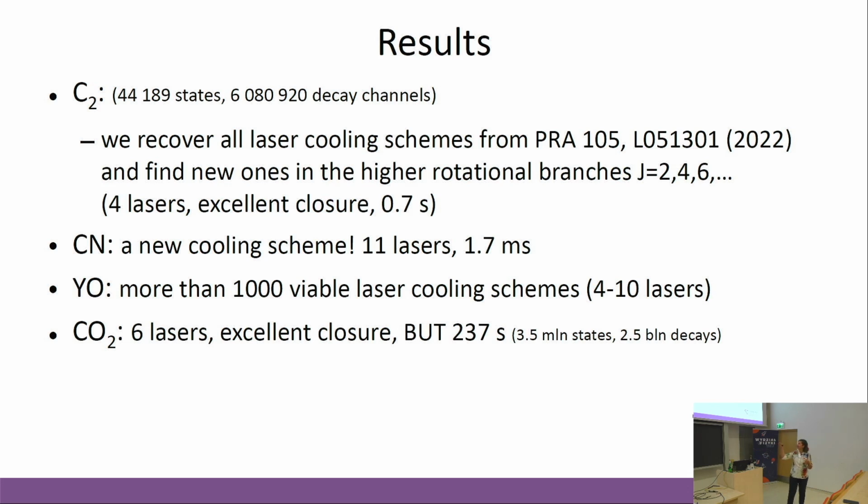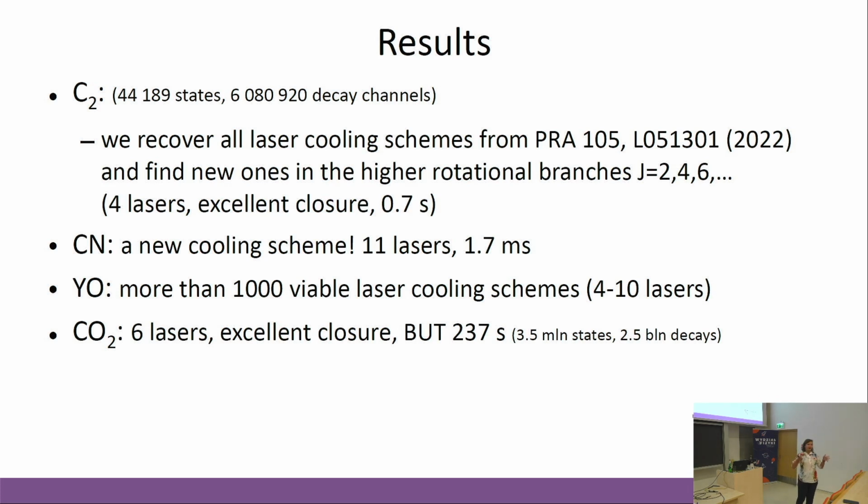In particular, it's interesting because they are in the higher rotational branches. So if you want to get an ultracold molecule at non-zero rotational angular momentum number, this would be a molecule you could look at. We recovered a new cooling scheme for CN.